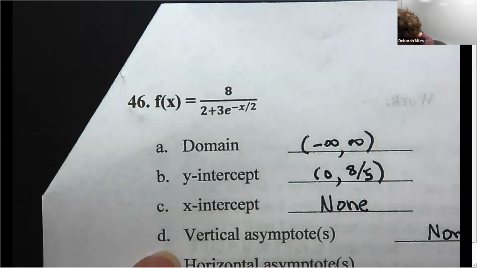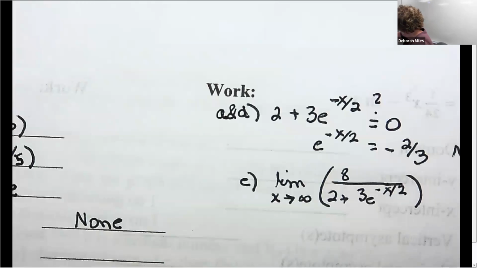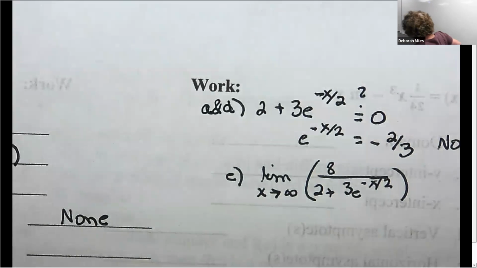So let's see, this is part E. If we find the limit as x goes to infinity of 8 over 2 plus 3 e to the negative x over 2, as x gets infinitely big, does that limit exist?